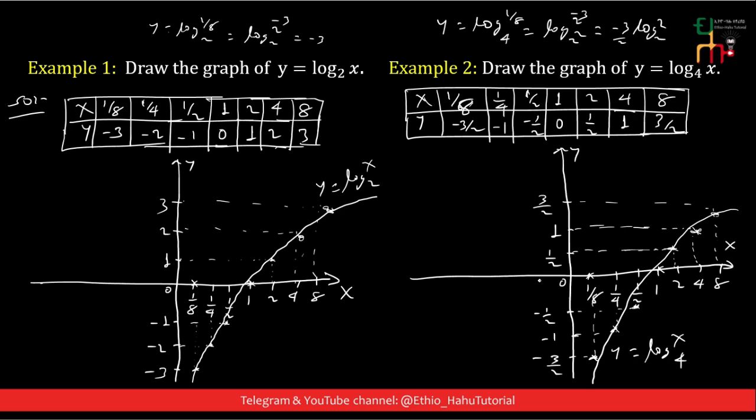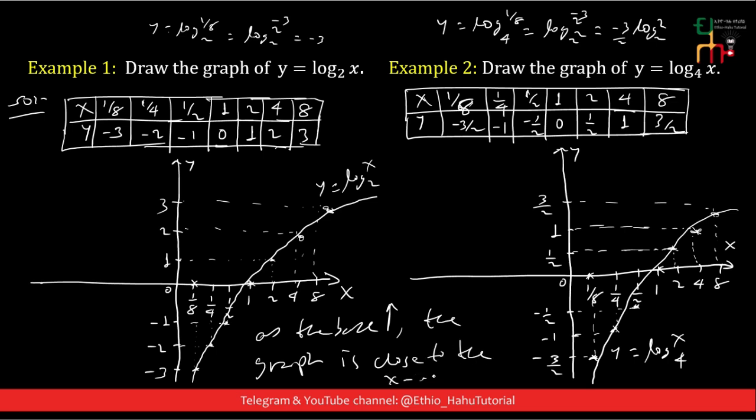magnitudes of the base. When the base increases, what will happen to the graph? And when the base decreases, what will happen to the graph? In this equation, the base is 2, whereas in this equation, the base is 4. And here, the base is greater than this one. Therefore, as the base increases, the graph is close to the x-axis.